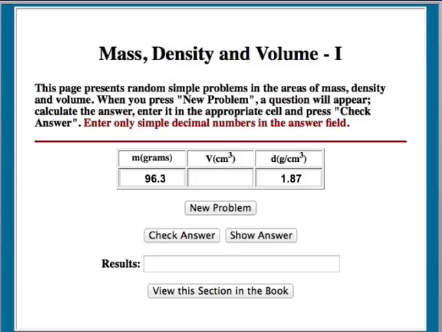If our mass is this and our density is this, what is the volume? Density is mass divided by volume.